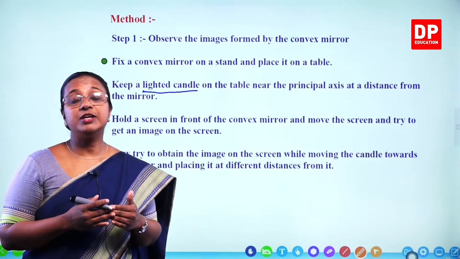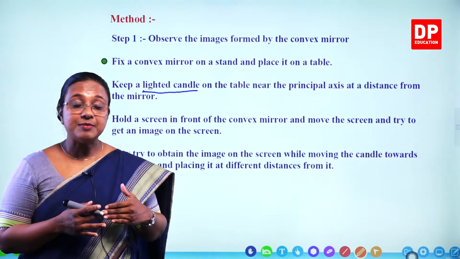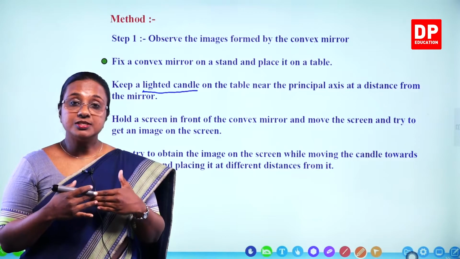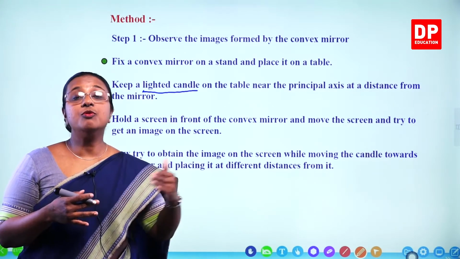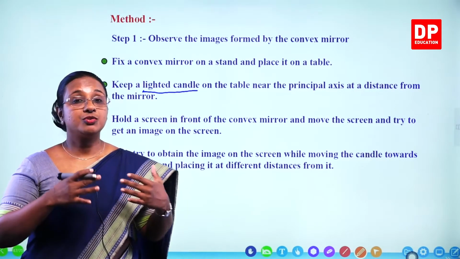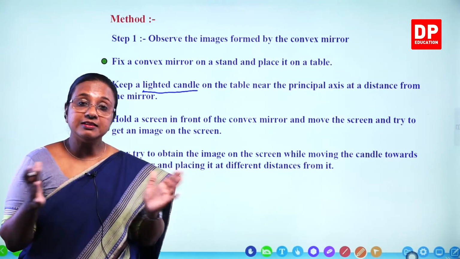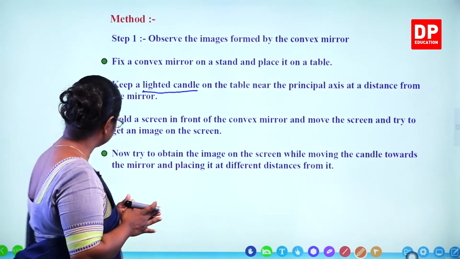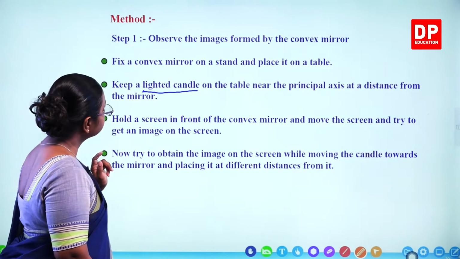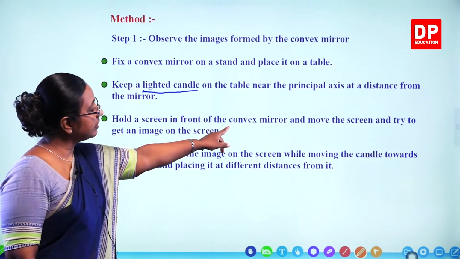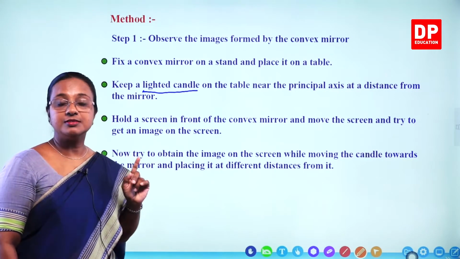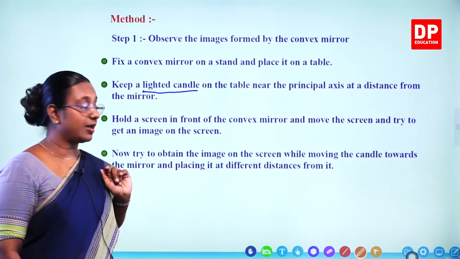Even you can move the candle also. At the same time, you can hold the mirror close to the screen and then you can move the screen away. So either way, you can either increase the distance or you can decrease the distance. So hold a screen in front of the convex mirror and move the screen and try to get an image on the screen. So here we are going to try.